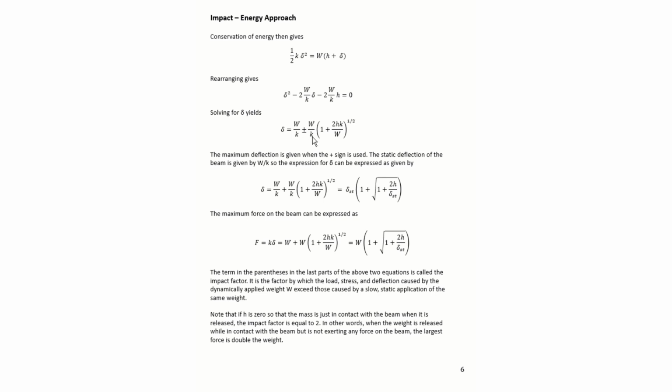That's what we talked about at the beginning of this section: if the weight was just in contact and let go, we would get twice the deflection, or see twice the force. And this tells us the exact same thing. It's interesting to note that this is a very strong function of h, so with a bigger h, you can start to see significantly greater force magnitudes than twice, 3 times, and so on.